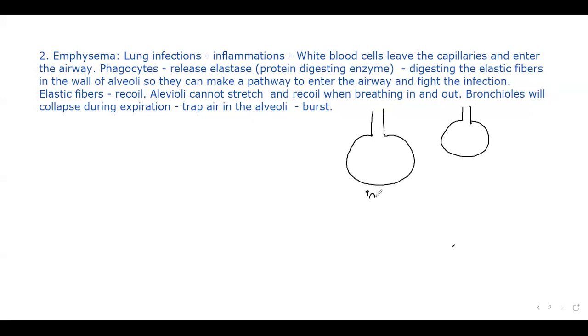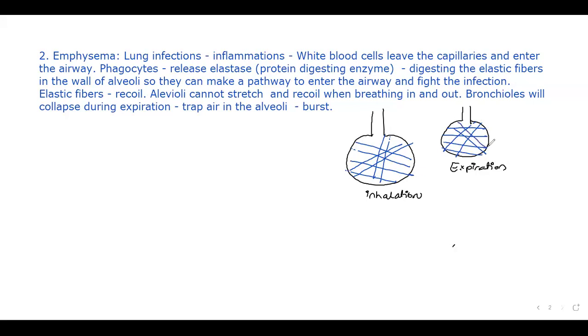This is during inhalation and that is during expiration. Normally, I would have my elastic fibers like this. They would be all present all around the alveoli, surrounding the entire alveoli. These elastic fibers would allow it to expand and then also contract and return back to their original position.